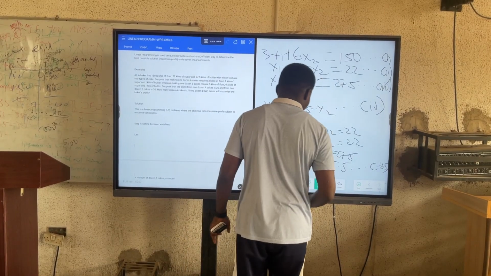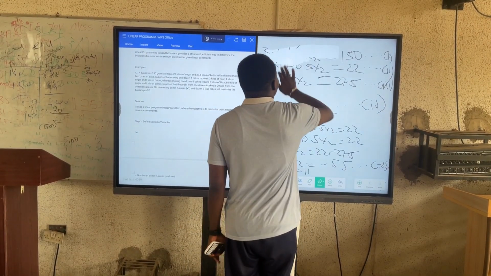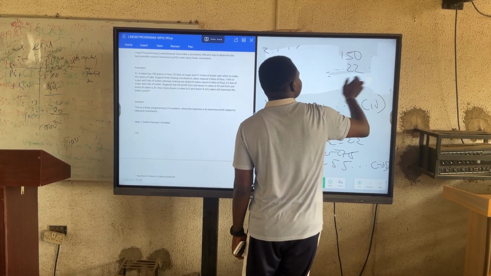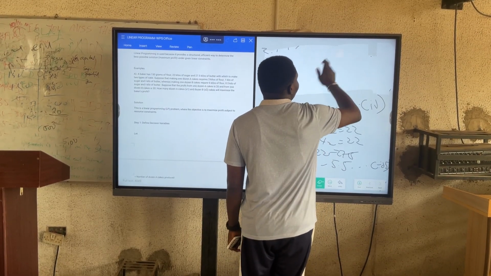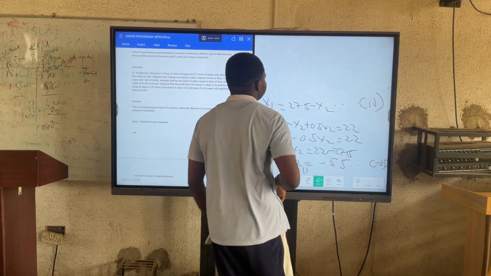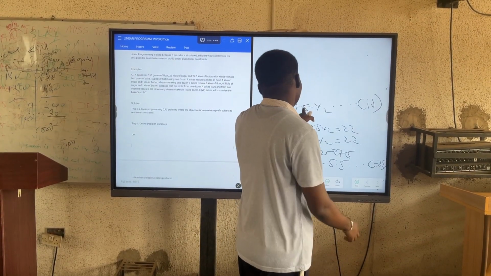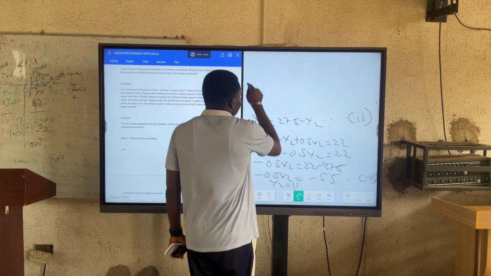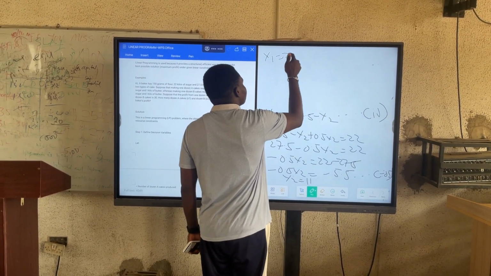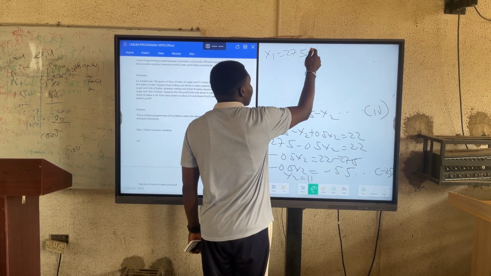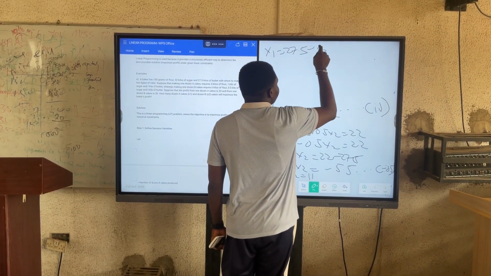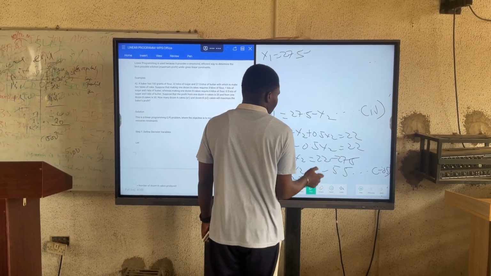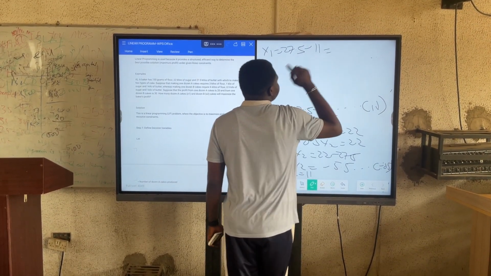Now I'm going to substitute 11 into equation 4 to get my x1, since my x1 is 27.5 minus x2. So my x1 will be 27.5 minus 11, that is 16.5.